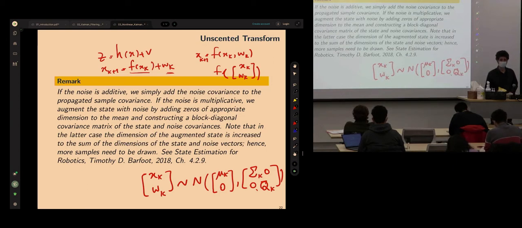However, because the algorithm will look very ugly, the algorithm on my slide is for the additive noise, okay? When you implement, you will come across this case as well.